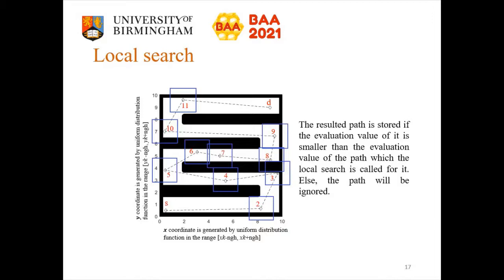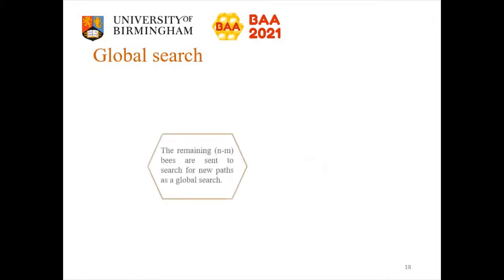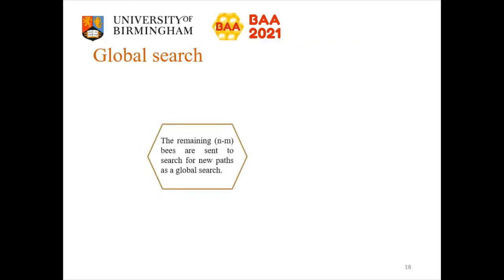However, a new path is stored as a member of the population only if its length is smaller than the original path. Otherwise, it will be ignored. Global search is implemented by sending the remaining bees to find new solutions to maintain the diversity in the population.